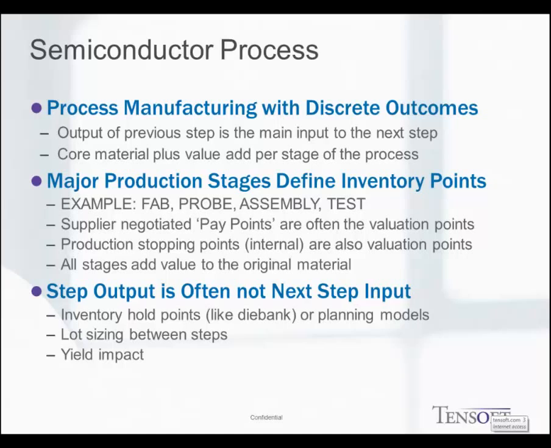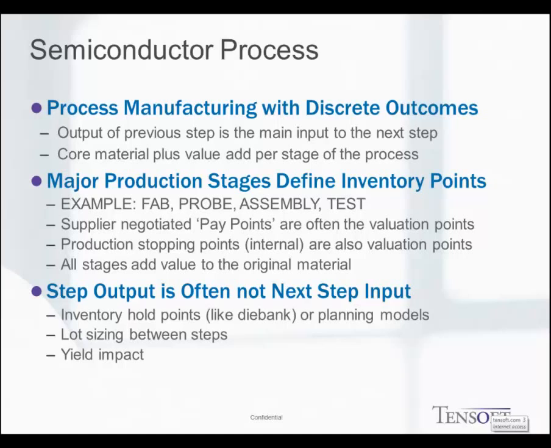But if you think about this last one here, because especially if we're doing an outsourcing model or even internally, each one of those steps, the fab, sort, assembly, test process, may have a distinct or a different lot size. And so what comes out of sorted die isn't necessarily the size of the lots.